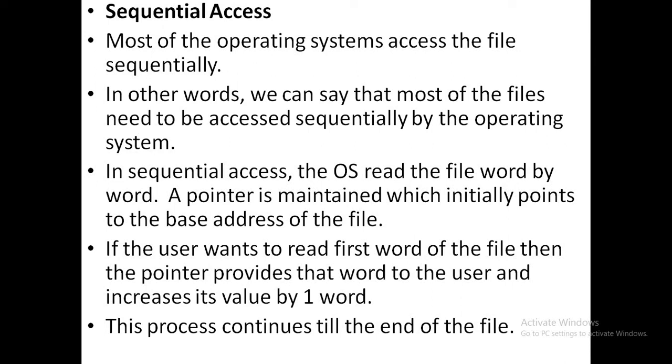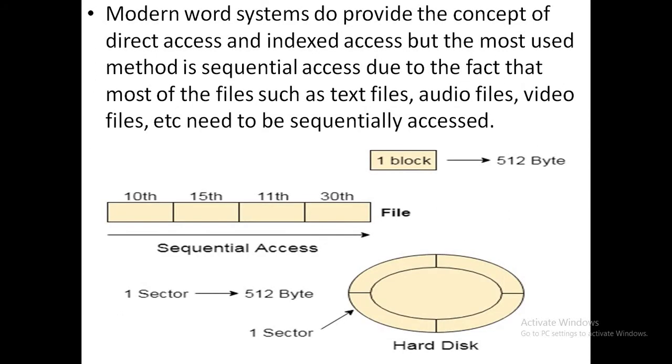When it completes the read operation of the first file, it goes to the second file, increasing the word count value by 1, and the process continues till the end of the file. Modern operating systems do provide the concept of direct access and indexed access, but the most used method is sequential access.